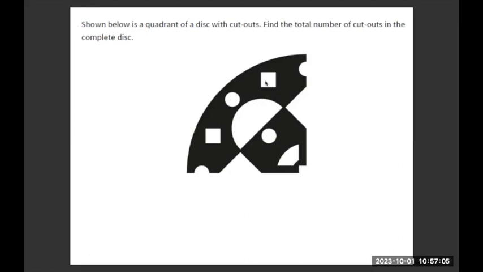How many cutouts will be repeated twice, and how many cutouts will be happening only once. Divide it and then multiply the remaining part. Find the total consolidated cutouts and then add everything together. Please type your answers in the chat box here. It's very simple.